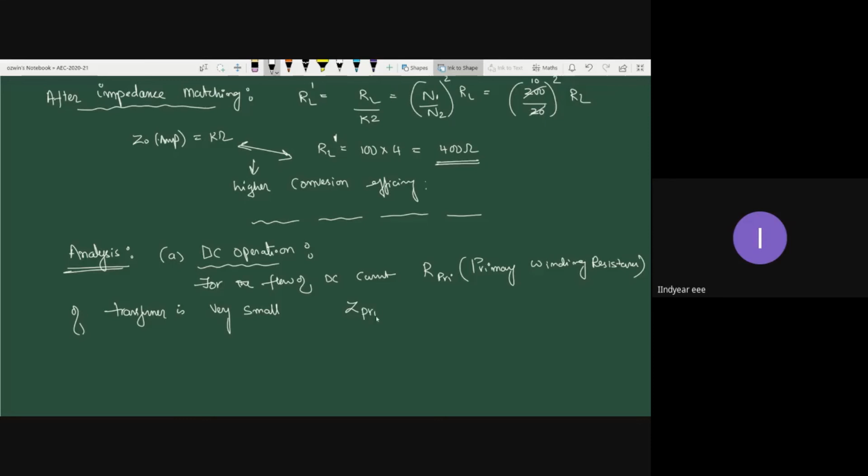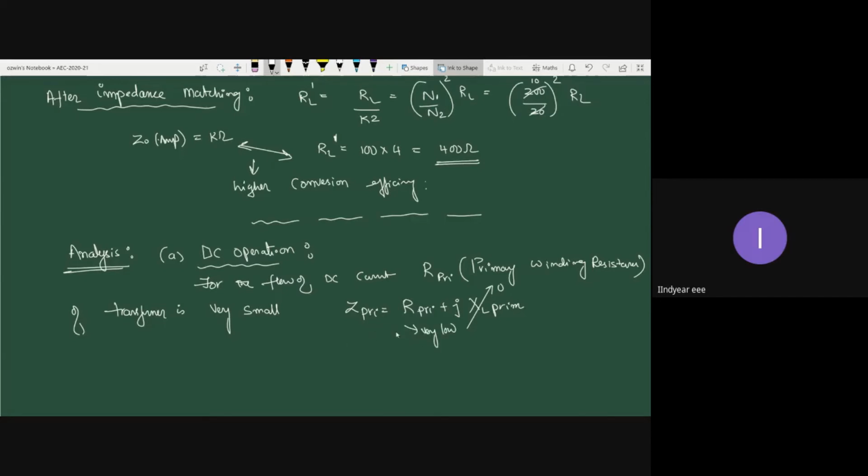See, the primary impedance, Z primary, can be written as R primary plus j into XL primary. So you know that for DC current, this inductor acts like a short circuit. Hence, the inductance part will be 0 for the DC current, and therefore Z primary is equal to R primary, and your R primary is very, very low.